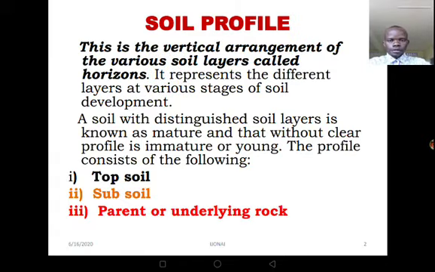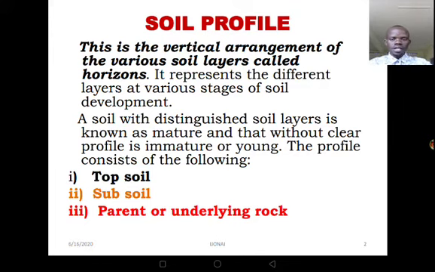Now, soil profile. This is the vertical arrangement of the different soil layers called the horizons from the top to the bottom layers. Soil profile represents the different layers of soil at various stages of soil development.